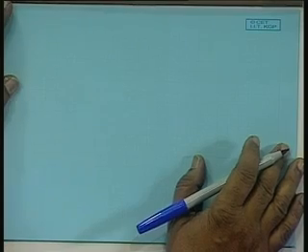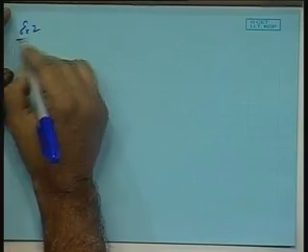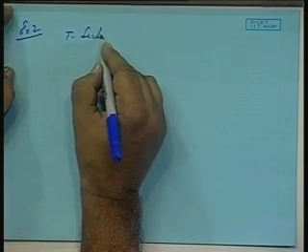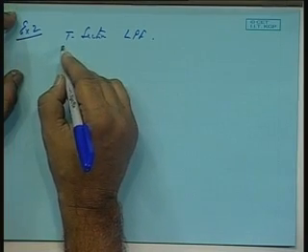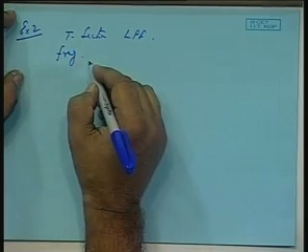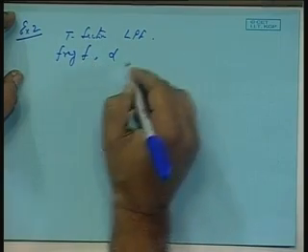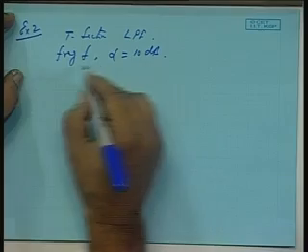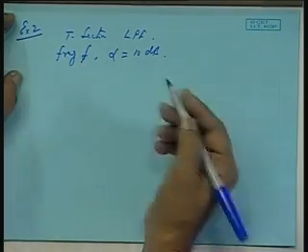Suppose you are asked to calculate, let us take another example, for a T section low pass filter, determine the frequency f for which alpha is equal to 10 dB, f in terms of f c.